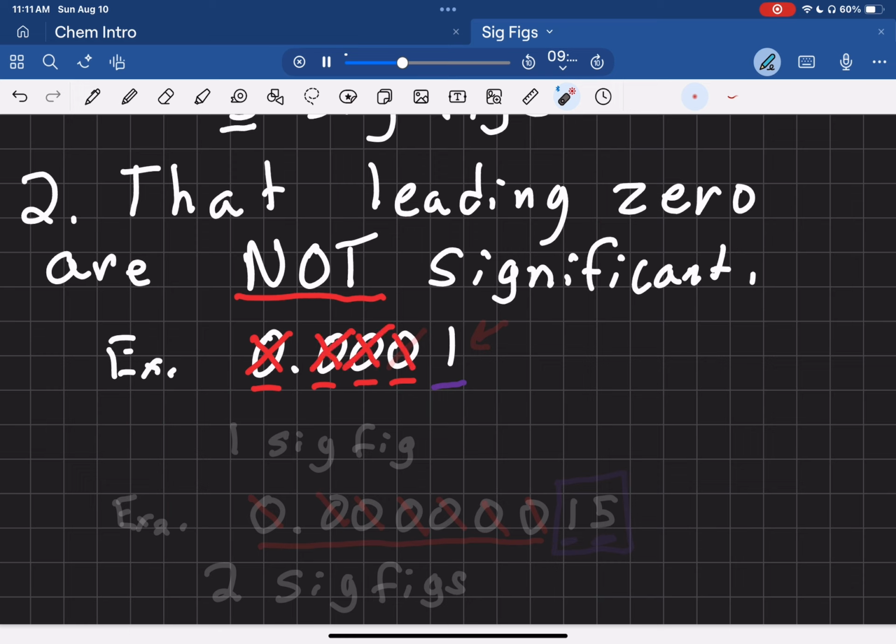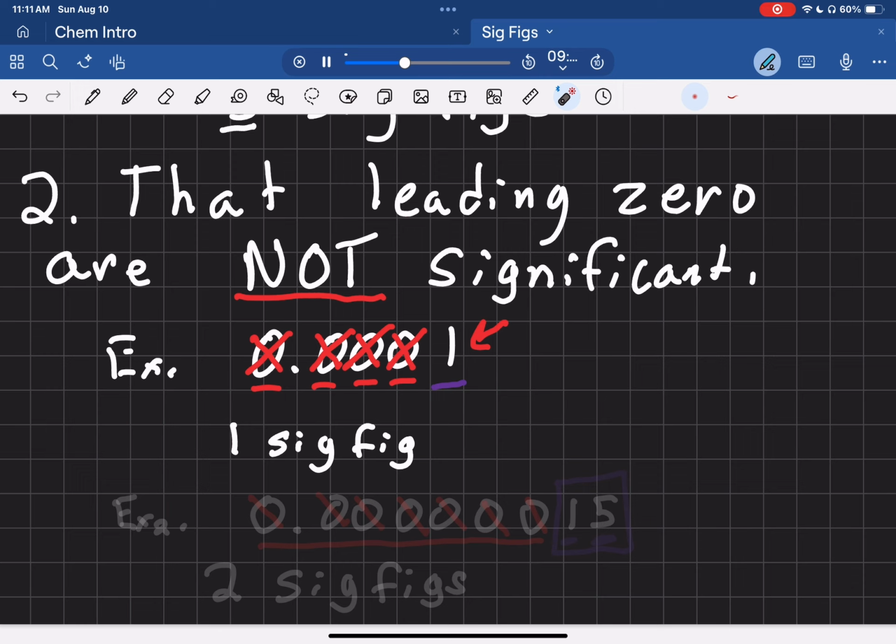What this basically means is that I can only guarantee the level of precision up to one significant figure. So the answer to this would be 1 sig fig, because there's only one non-zero integer with the rest of the numbers all being leading zeros, so they are not significant.